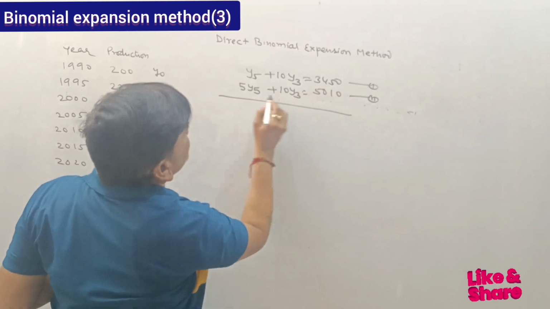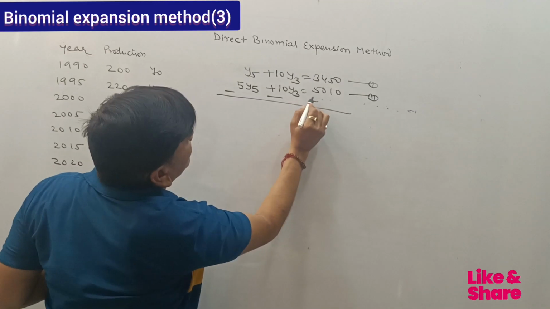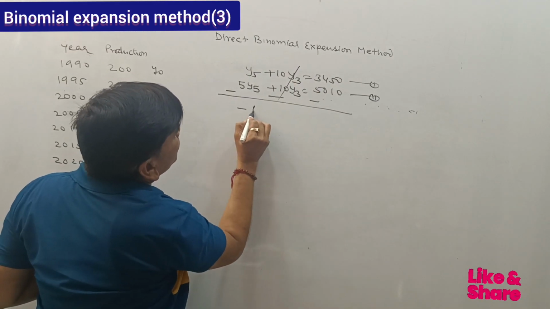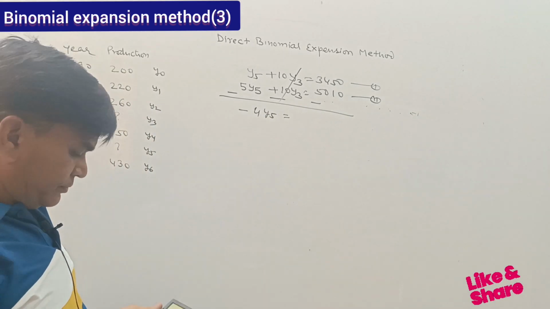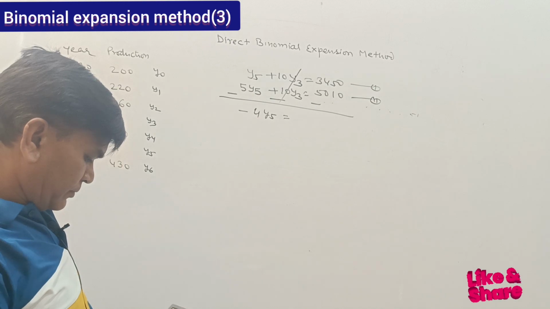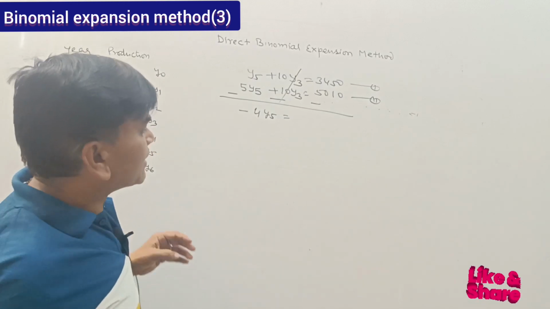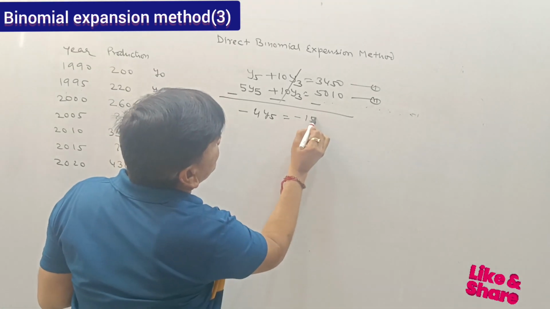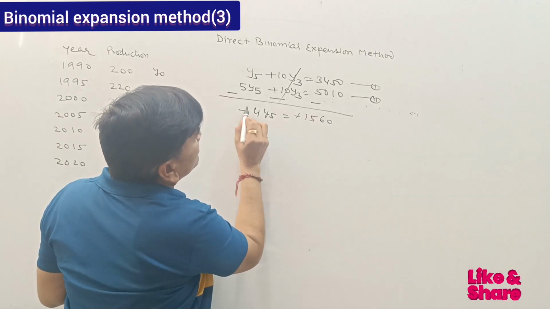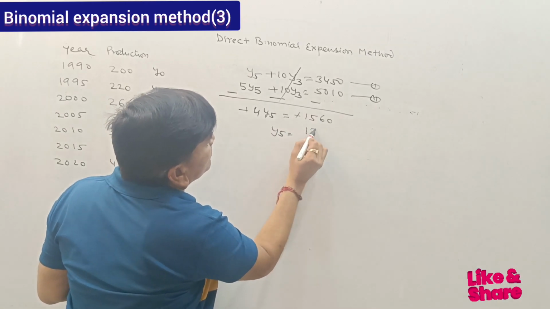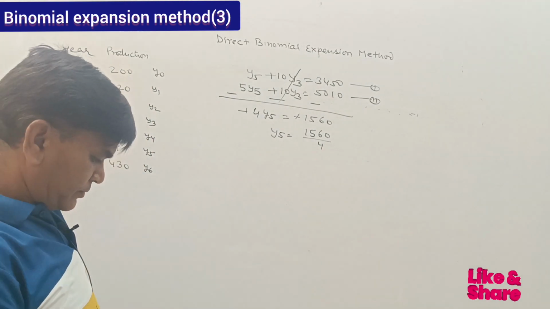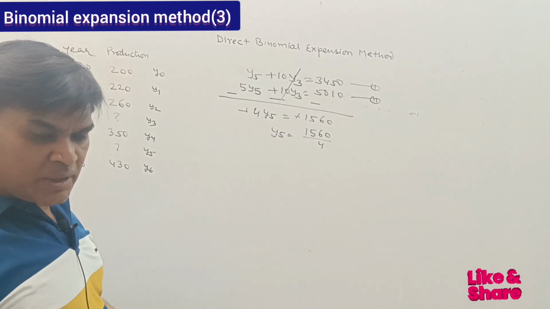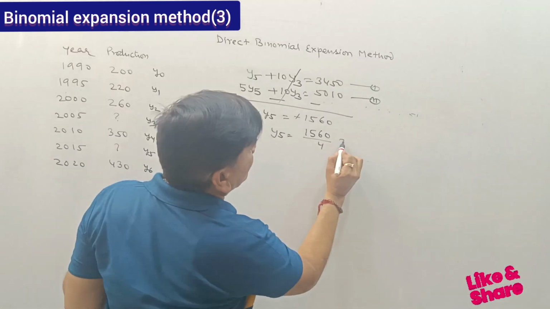So having changed the sign, minus 4y5 is minus 1560, so minus and minus cancel, so y5 is equal to 1560 divided by 4. So this value is 390.